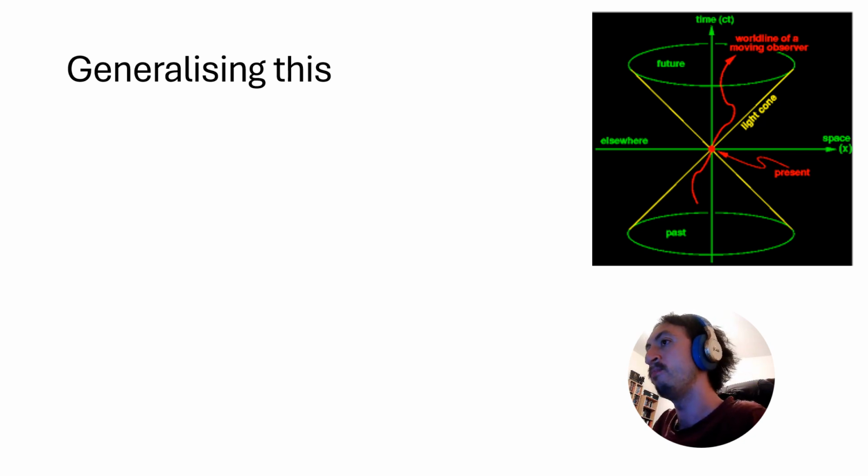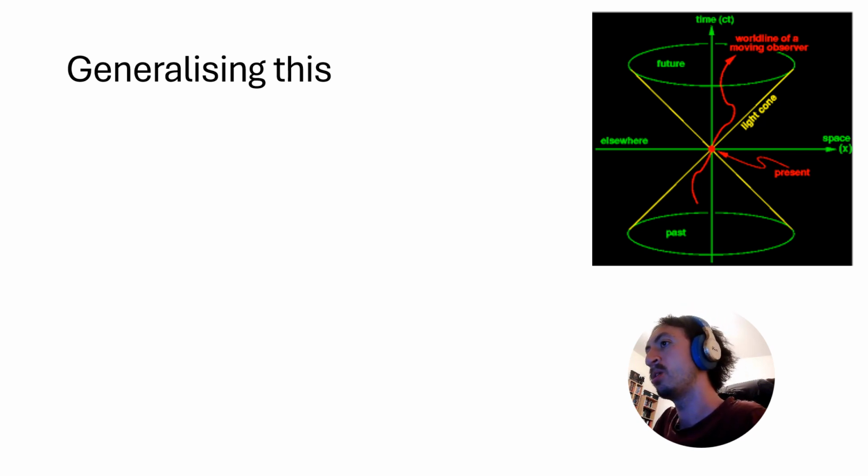So if you place time on, let's say, your y-axis and space on your x-axis, then clearly for light, if we take x to be the distance light has travelled, then c times t is going to have to equal x.